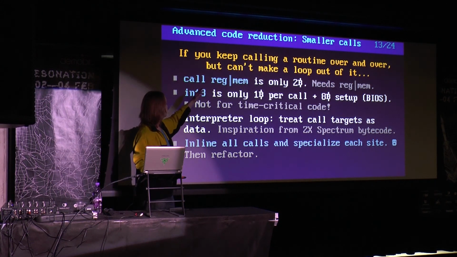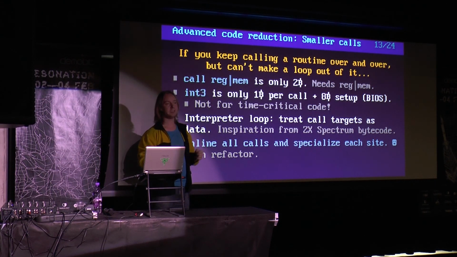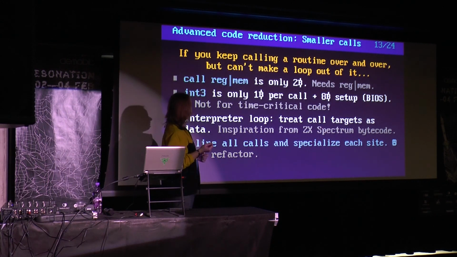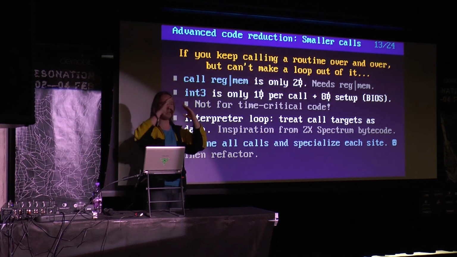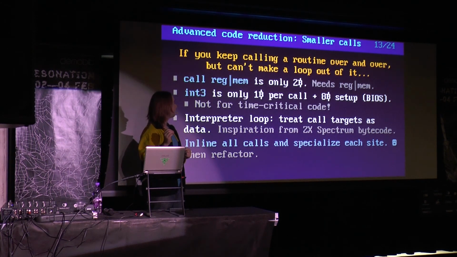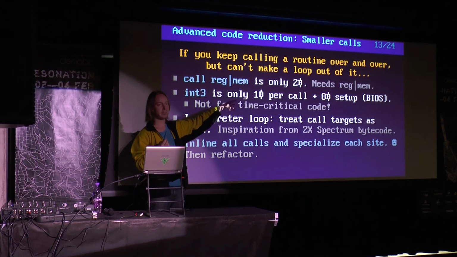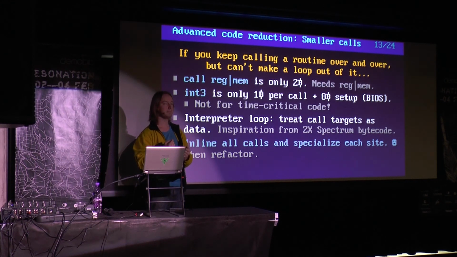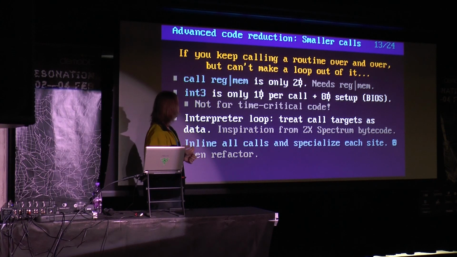So we can use interrupt number 3, which is the breakpoint call. This is an interrupt vector which we can reroute, and this is a 1-byte instruction, so we can do a call for only 1 byte. We need to pay about 8 bytes for the setup, and we don't need to restore the interrupt vector at the end of the program, because nobody uses this except for debuggers.